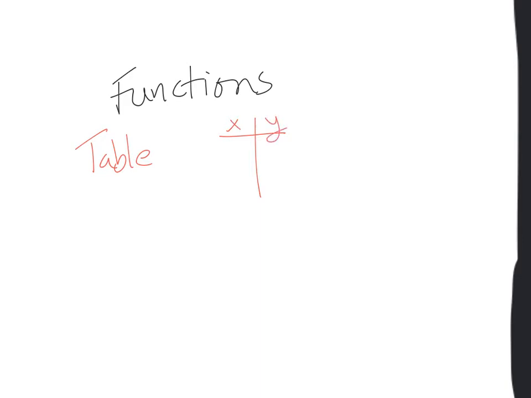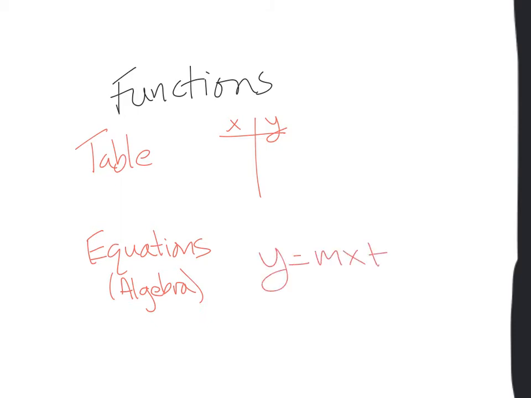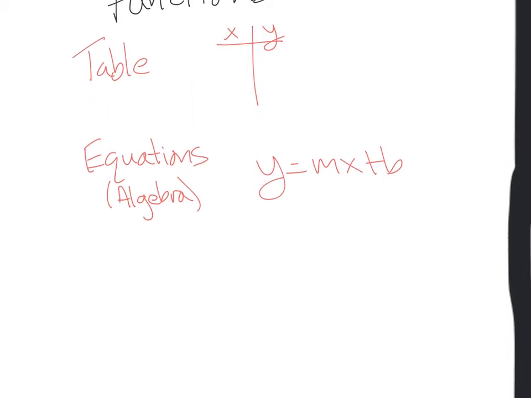The next one that we can do is through equations or algebra. So that's like y equals mx plus b. That's just a linear function or a linear equation. These words are kind of synonymous. They kind of mean the same thing for now.